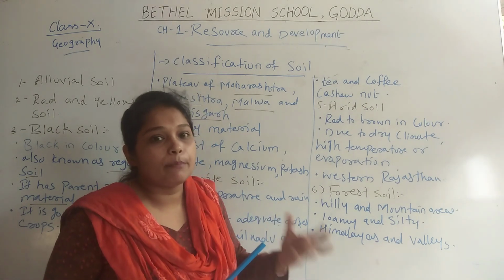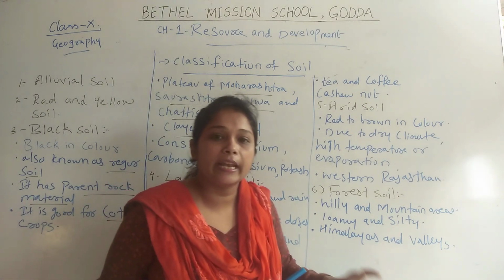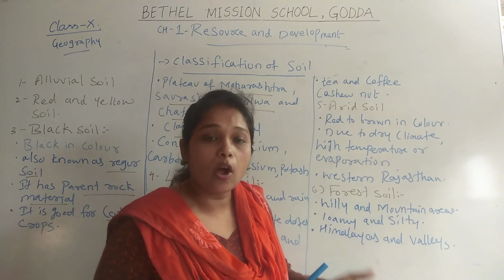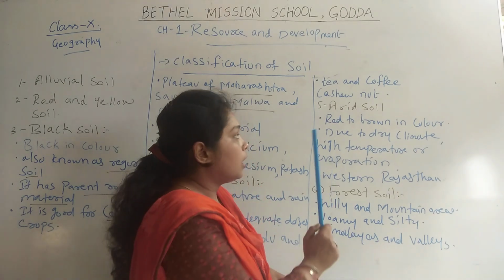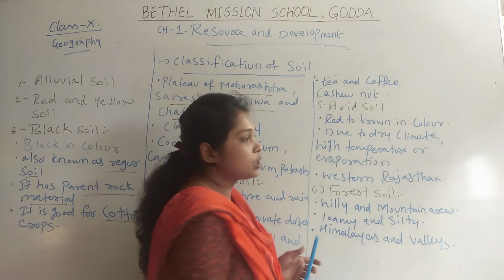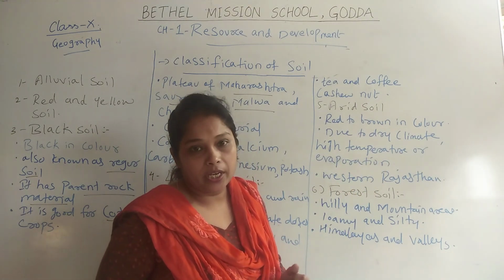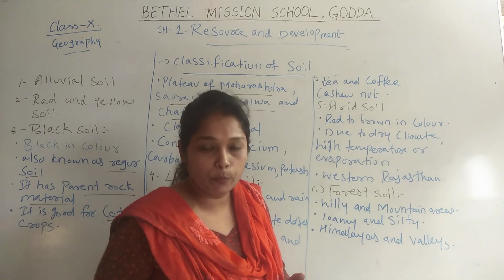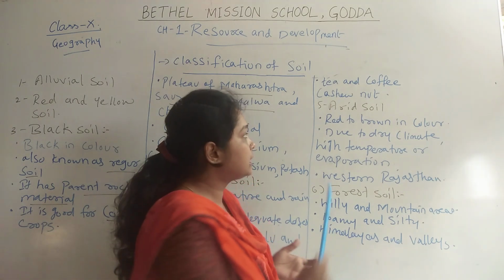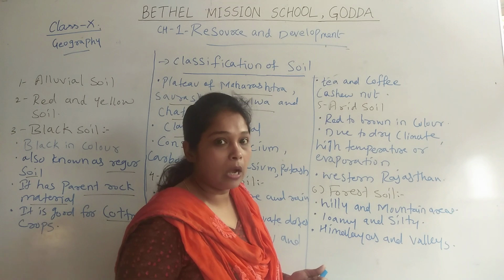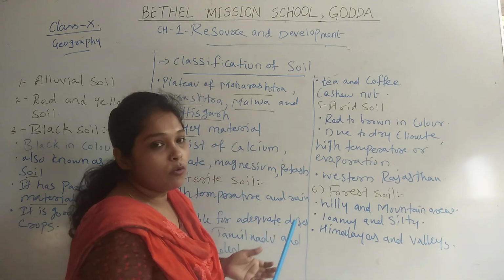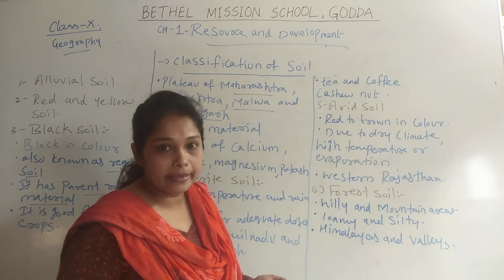How is arid soil formed on land? If there is a dry climate and a high temperature, then the land gets evaporated, and when soil on the land gets evaporated, it makes arid soil, which is red to brown in color. It can be found in western Rajasthan in India.